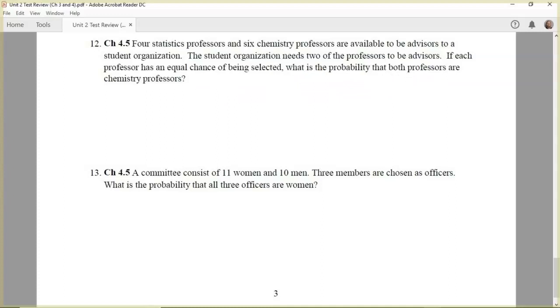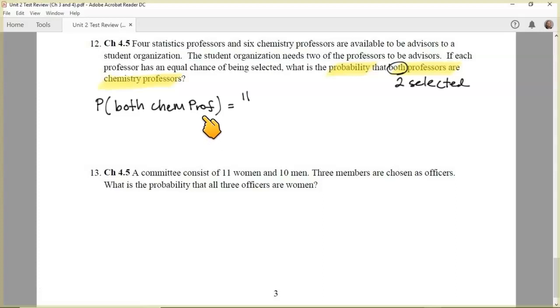So we want to think, in this particular question, about our probability statement. We're selecting 2, right? What's the probability that both are chem professors? If we write this out in words, which is what I demoed in that lecture video for 4.5, in the numerator of any probability, it's always the desired event. And the desired event is we want 2 chemistry professors.